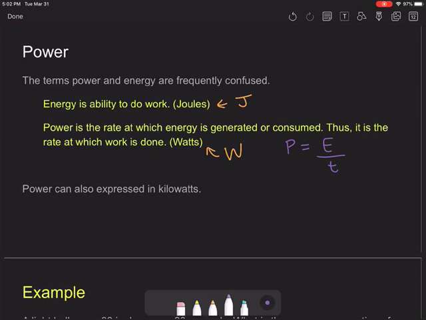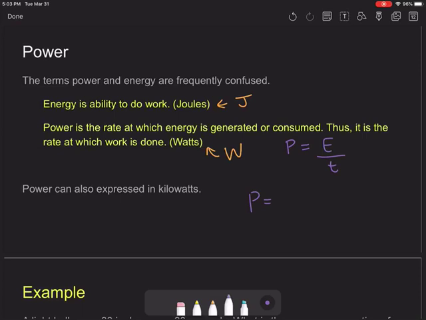Another kind of cool thing about power, we don't actually introduce this formula quite yet, but power is actually just a combination of voltage and current. Voltage and current together give you electrical power. The bigger the voltage and the bigger the current, the more electrical power we have.